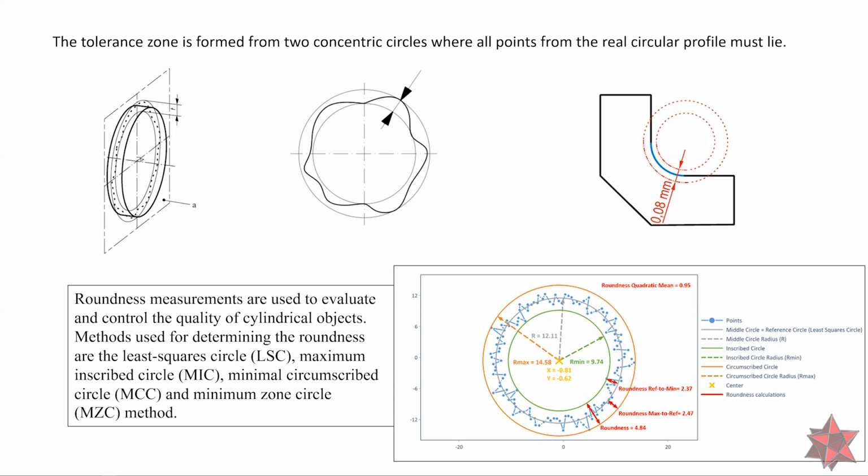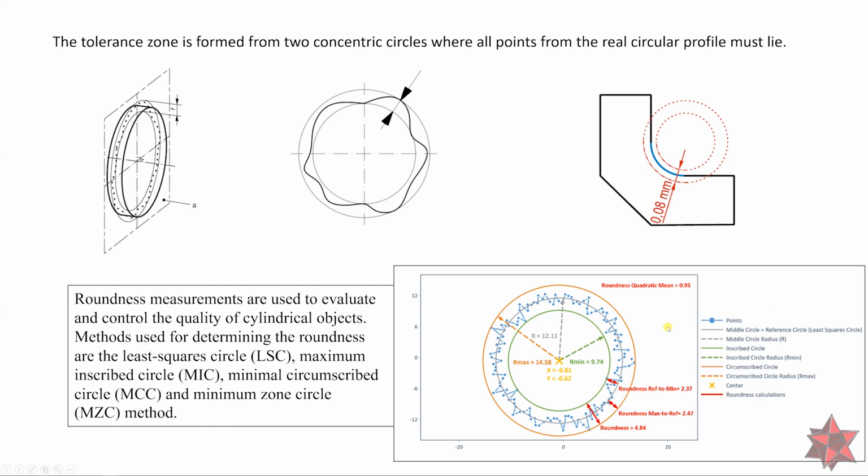Roundness measurements are used to evaluate and control the quality of cylindrical objects. Methods used for determining roundness are the least square circle, the maximum inscribed circle, the minimal circumscribed circle, and the minimum zone circle. Here we have an example.